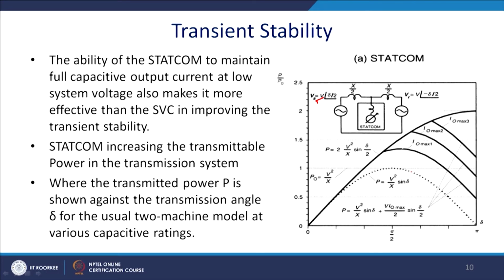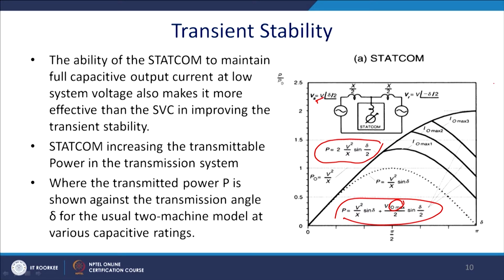Now, with the shunt compensation we have derived that this changes to V square by X sin delta plus V into I0 max by 2 into sin delta by 2. So, by changing the value of the current you can have a different curve. This is the case where it becomes 2 V square by X sin delta by 2, and so on, you can change it.